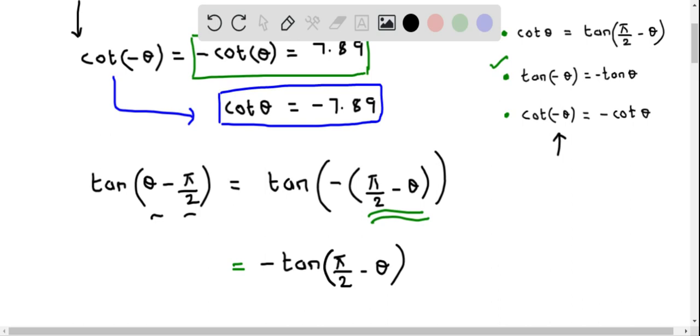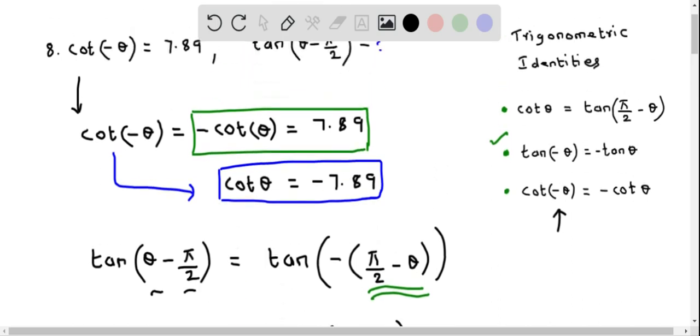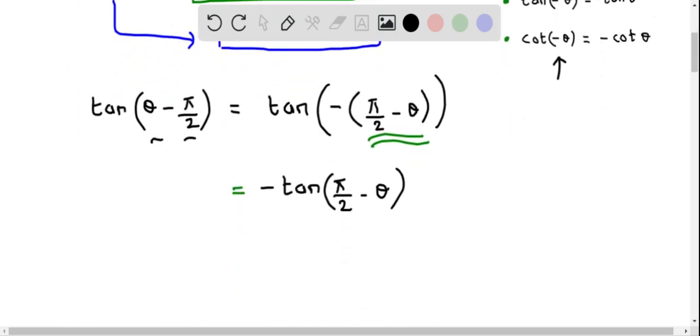Now we can use this identity, that cotangent of theta equals tangent of pi by 2 minus theta, or otherwise tangent of pi by 2 minus theta equals cotangent of theta. So now we have negative of tangent of pi by 2 minus theta, and we can replace this quantity by cotangent of theta.